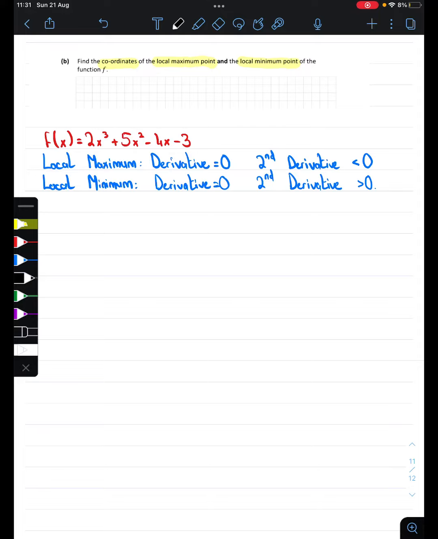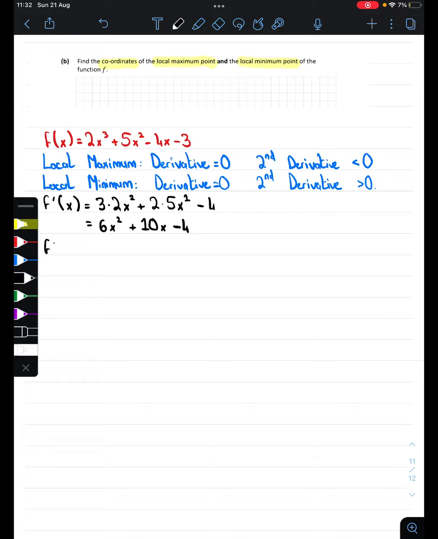So f prime of x equals, bring down the power, reduce it by 1, 3 by 2x squared, plus 5, bring down the power, reduce it by 1, minus 4, bring down the power, reduce it by 1, so just 4, and then a constant goes away. So we get 6x squared plus 10x minus 4.